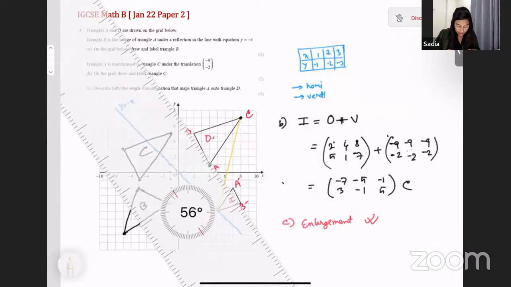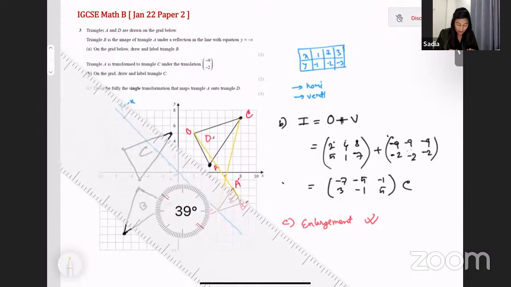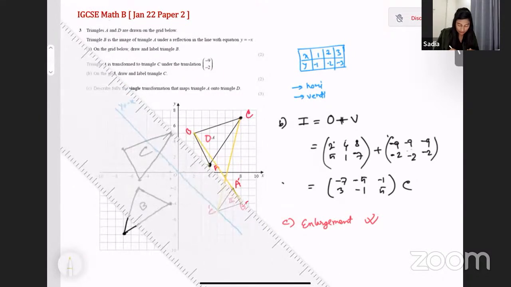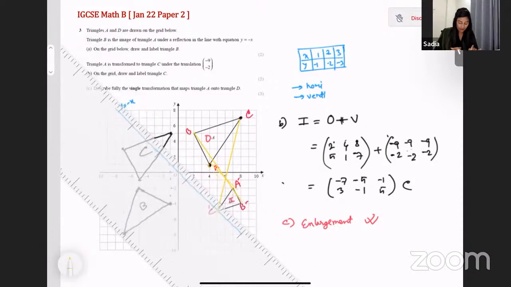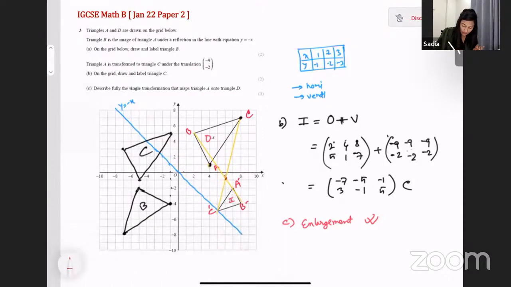And then B prime and B, and then you can even join the last one, A prime and A. Okay, so if we look at this, we have this 0.6 minus 1. This is the center of enlargement.